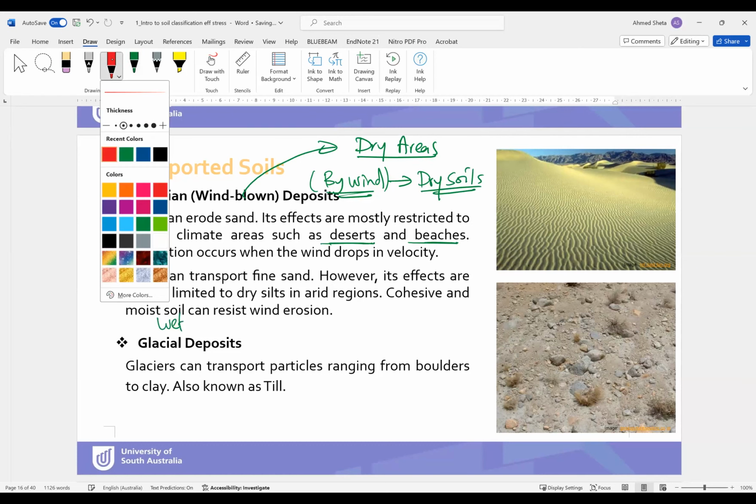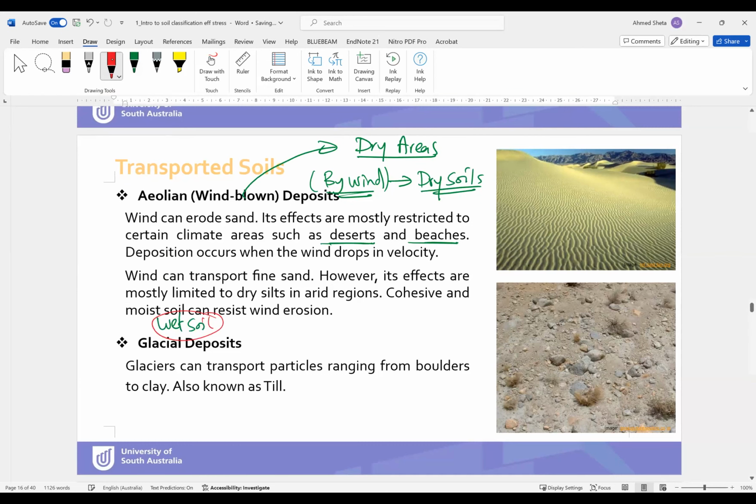If we have wet soil, the wet soil has larger weight because of water. The water adds weight to the soil. That's why the wind cannot move the soil. Yes, heavy. So if it is heavy, the wind cannot move it.